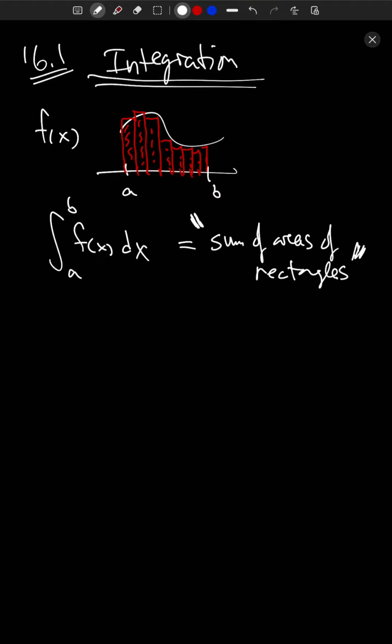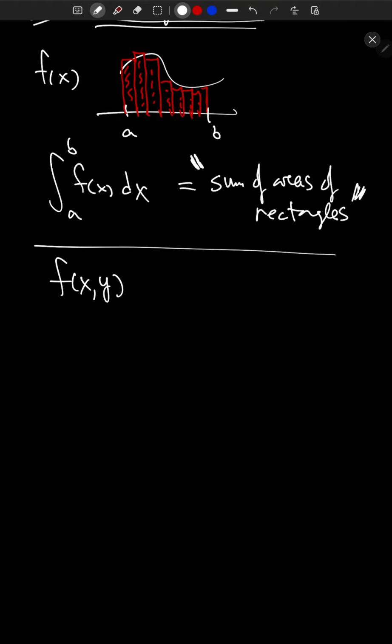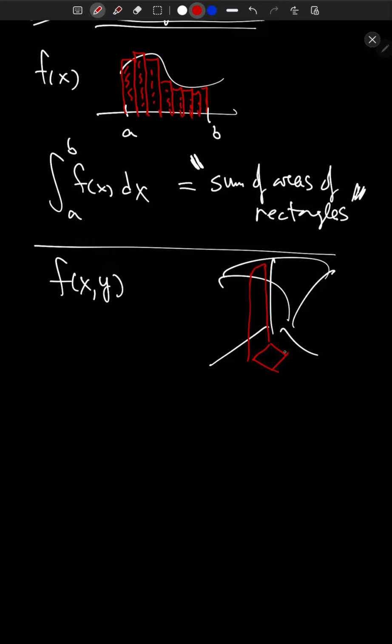All right, so in a multivariable setting, let's again restrict ourselves to 2 variables, at least at the beginning. If I draw the graph here, we're going to be looking at the area under the graph above a region, a rectangular region for this section. So we're going to be looking at something like that.